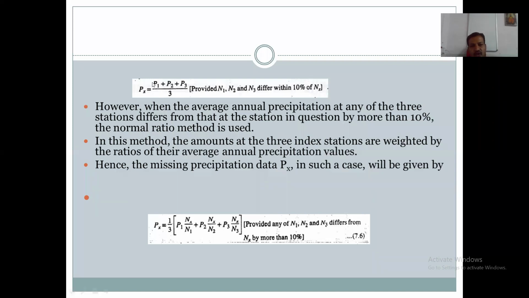This is a formula for calculating the rainfall data for the missing station.